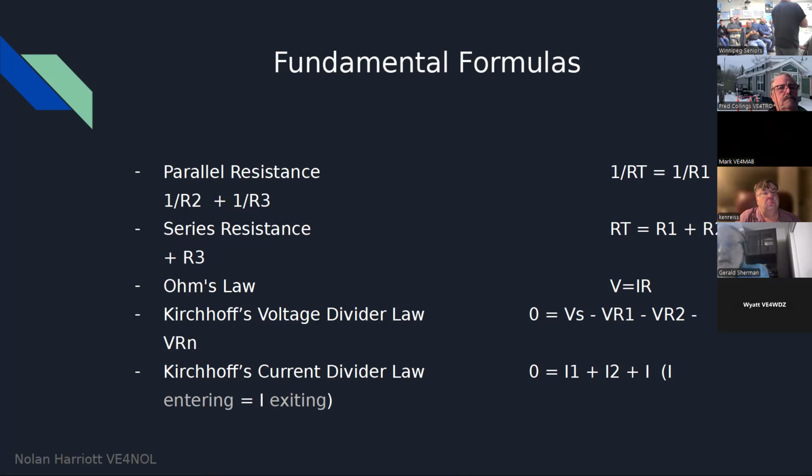Ohm's law, V equals I times R. Kirchhoff's voltage law: your source voltage minus the voltage drops through your circuit equals 0. And Kirchhoff's current law: the currents added together minus the total current is 0 as well. So basically, current entering equals current exiting.